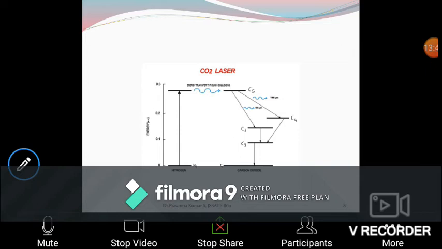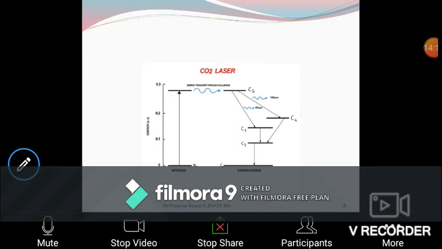The nitrogen atom, which was in ground state N1, picks up energy from the electron and goes to level N2. This N2 is the excited state for nitrogen.